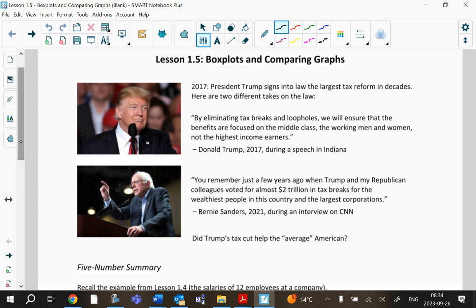But then the Democrats on the other side were saying, well, wait a minute. Yes, there were some tax cuts for middle class people and lower income people, but they really benefited the high income earners, what they call the top 1%.